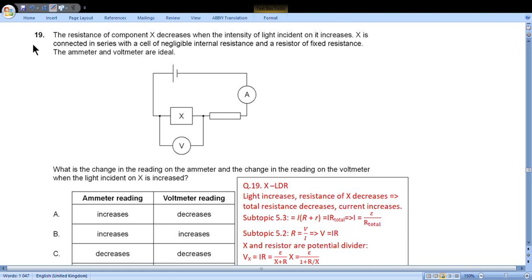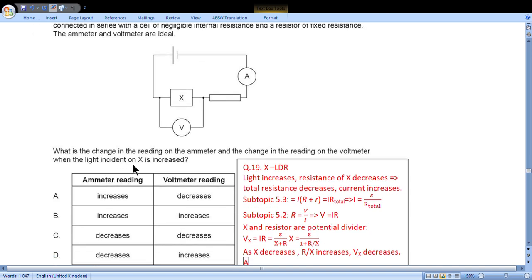The resistance of component X decreases when the intensity of light incident on it increases. X is connected in series with a cell of negligible internal resistance and a resistor of fixed resistance R. Ammeter and voltmeter are ideal. What is the change in reading of the ammeter and the change in reading of the voltmeter when the light incident on X is increased?